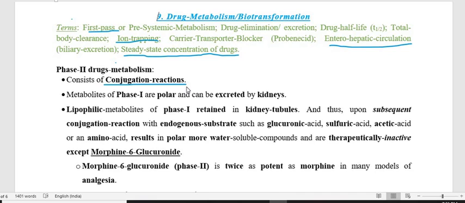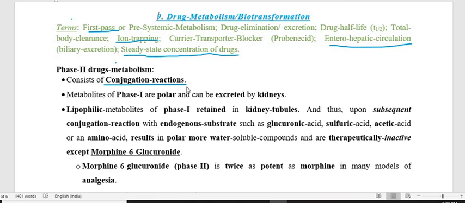If the drugs are not metabolized, they are going to be excreted slowly from the body. The body doesn't want to keep any foreign body, any xenobiotic. So the body goes through metabolism to convert it into an ionic or water soluble compound, so it can be easily excreted from the body.